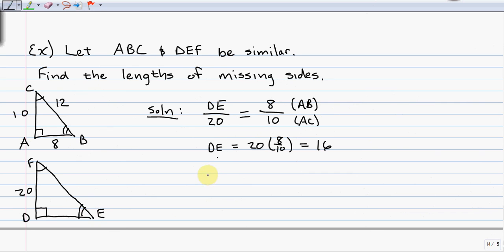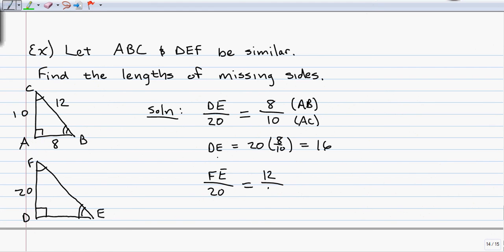Our last side is FE, and we do the same thing. We do a ratio: FE over a known side, say 20, is in the same proportion as the same two sides on the other triangle. On the same side as FE is CB, 12, and in the same position as the 20 over here is this 10.